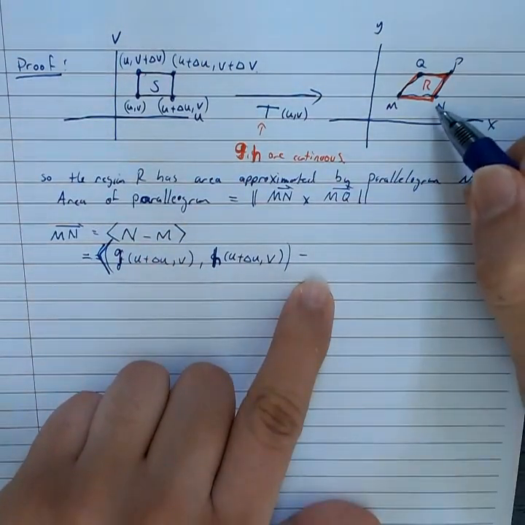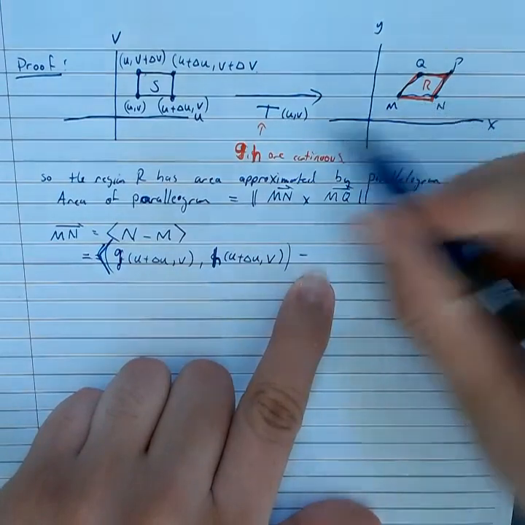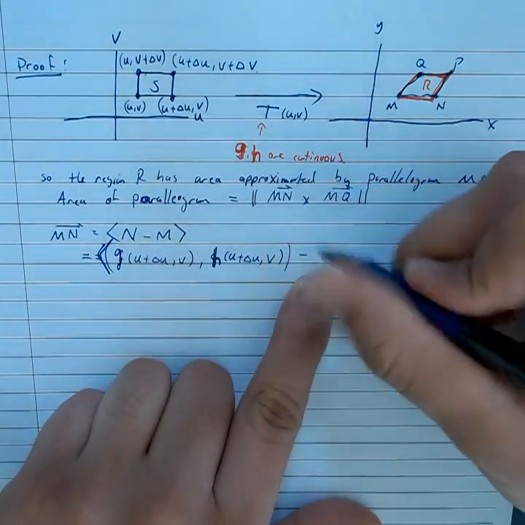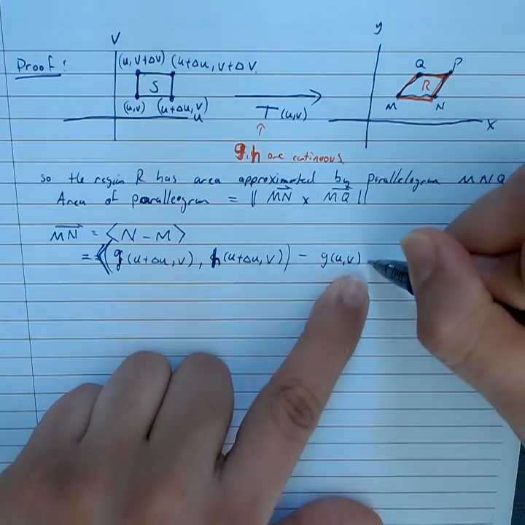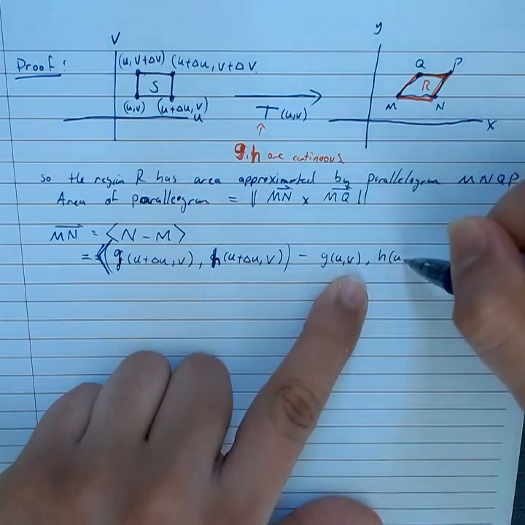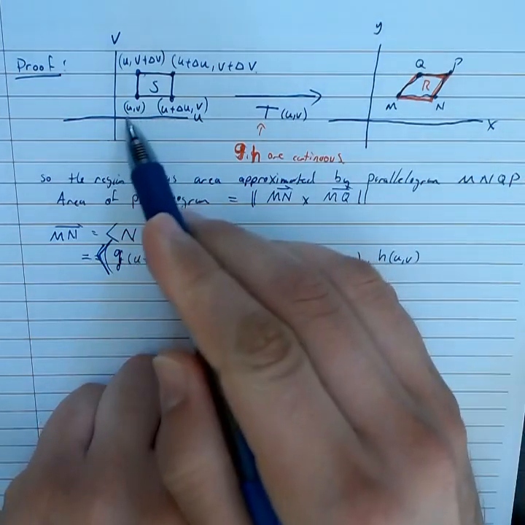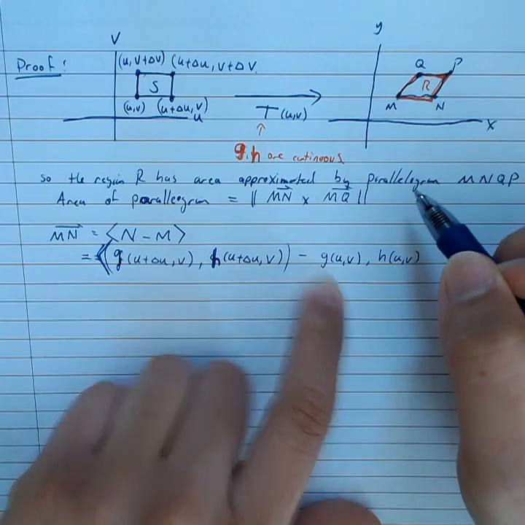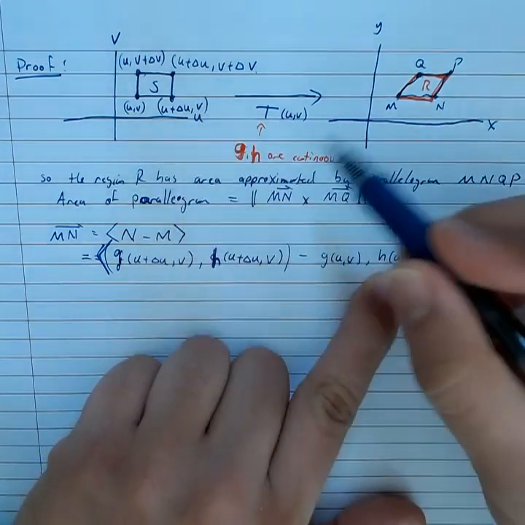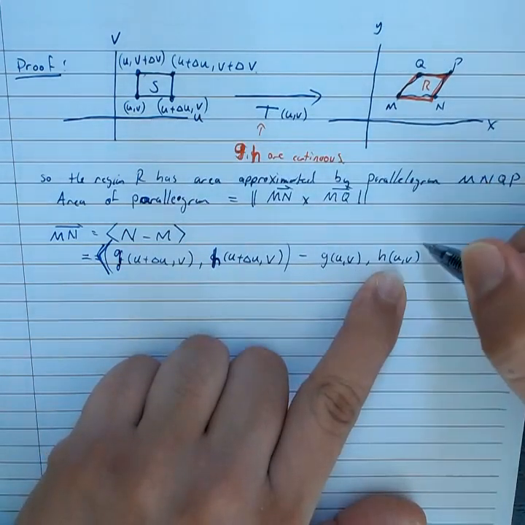So now we're doing u, v through those. That's going to be g of u v comma h of u v. That's the point. If we pass it through g, that gives us the first component of that point. If we pass that same point through h, it gives us the second component of that point.